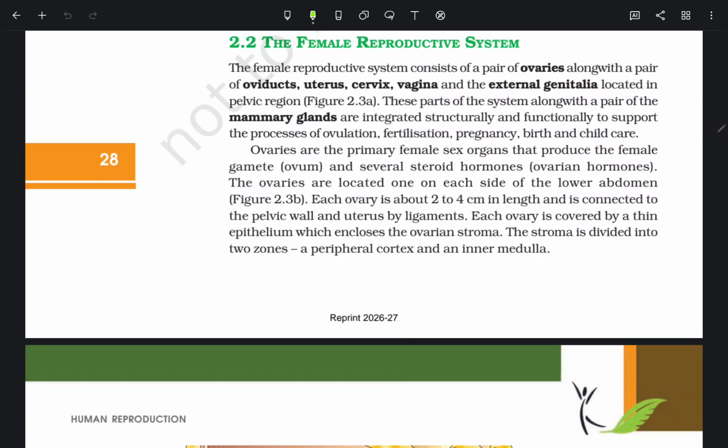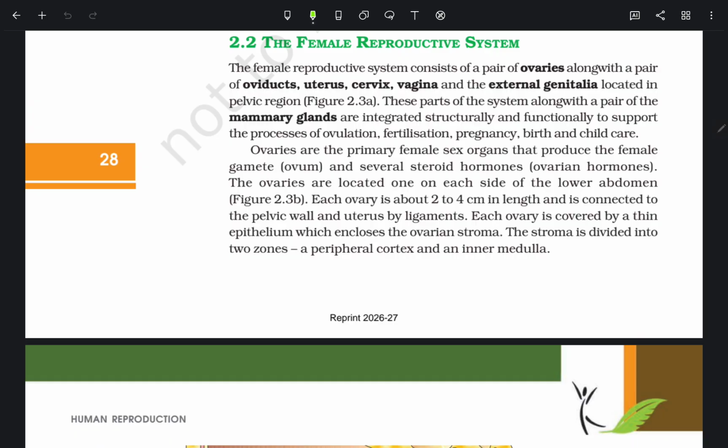Ovaries are the primary female sex organs that produce the female gamete, ovum, and several steroid hormones, ovarian hormones. The ovaries are located one on each side of the lower abdomen.